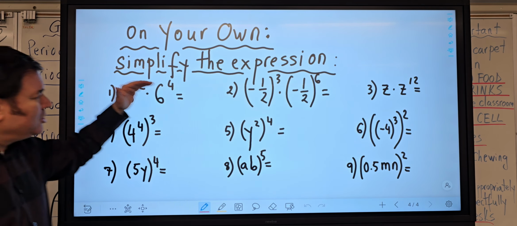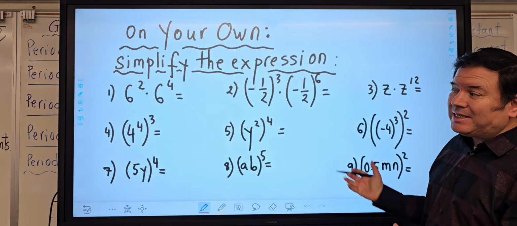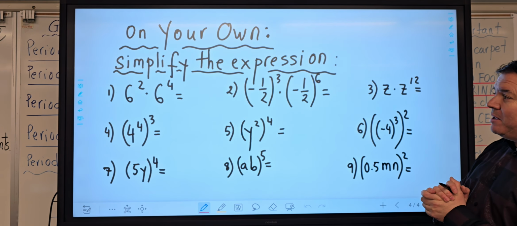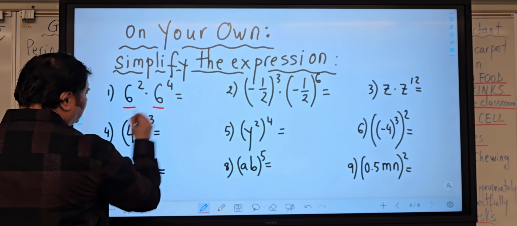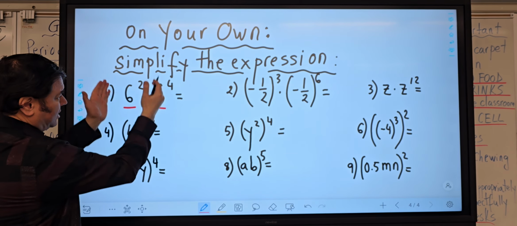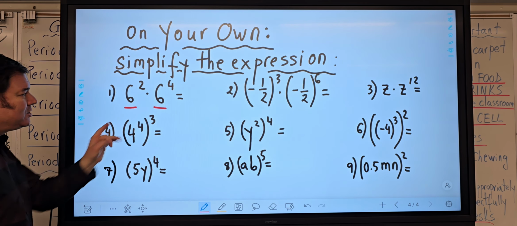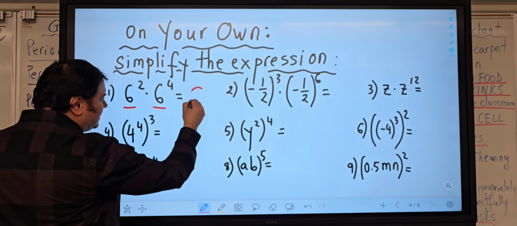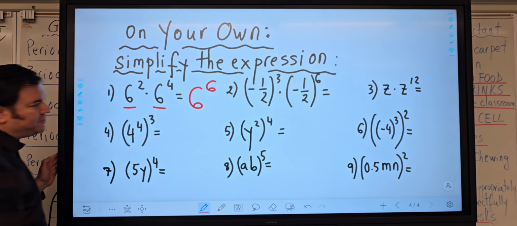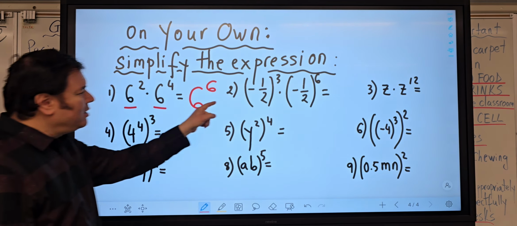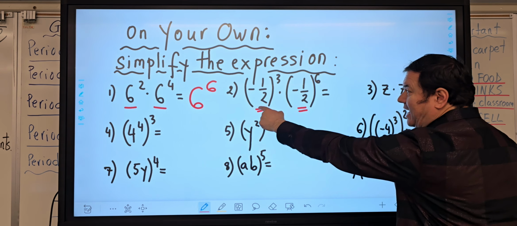So examples 1, 2, and 3, we are going to use the first property we learned yesterday and today, the product of powers property. Here we have the same base, right? 6 is the base. We multiply 6 times 6 with different exponents, and in this case, we are adding the exponents. So the answer would be 6 to the power of 2 plus 4, 6 to the power of 6. Next one. Here we have negative 1 over 2 as the base, the same base.